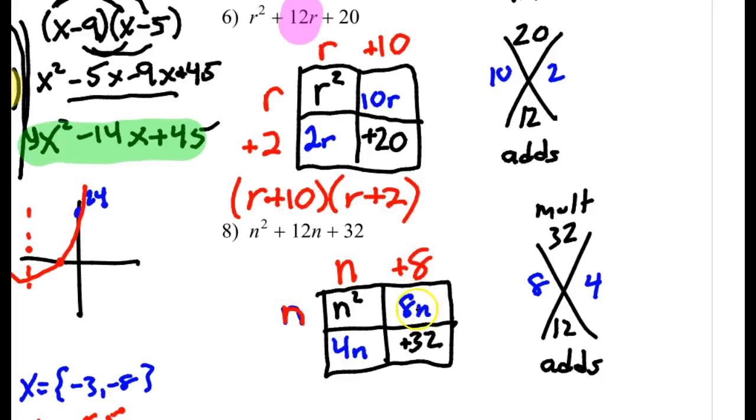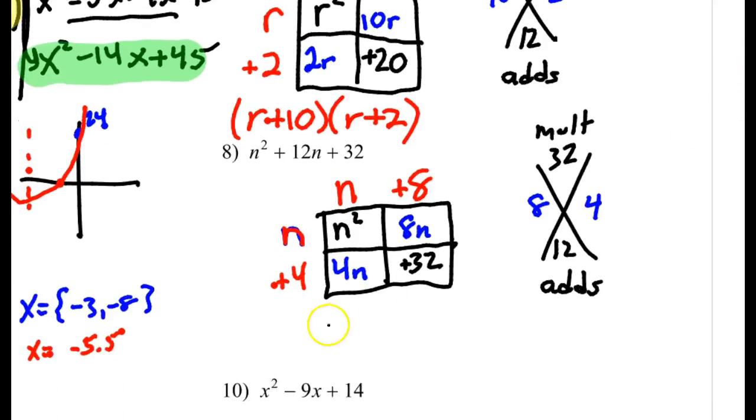And so happens, what comes out of 8 and 32? They both have an 8 in common. 8 times what is 32? 4. And then also n times 4 equals 4n. And it all checks out. So there are your two binomials. N plus 4, n plus 8.